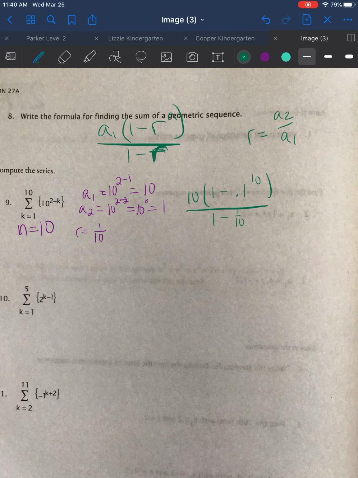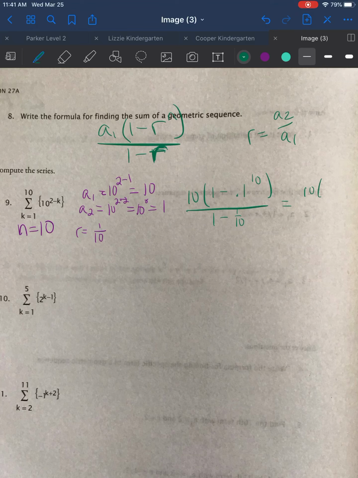Again, I'm writing it in both ways just so you can see the values there. But again, only write a decimal if you're not really rounding it. 0.1 to the 10th power is 0.0000000001, so 1 minus that is 0.9999999999.